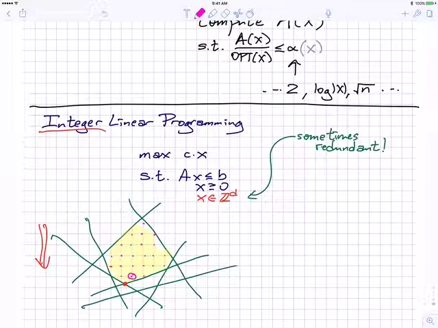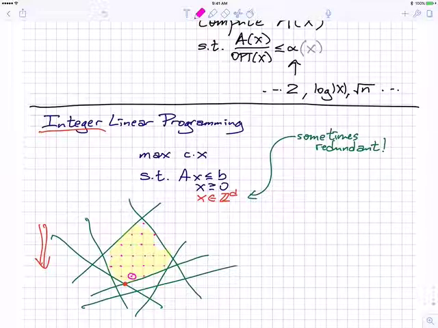So in general, the optimal solution to a linear program is not going to be all integers. It's very easy to write down concrete examples where this is the case, and we'll see a couple of those. But there might still be an optimal integer solution sitting inside this feasible region.